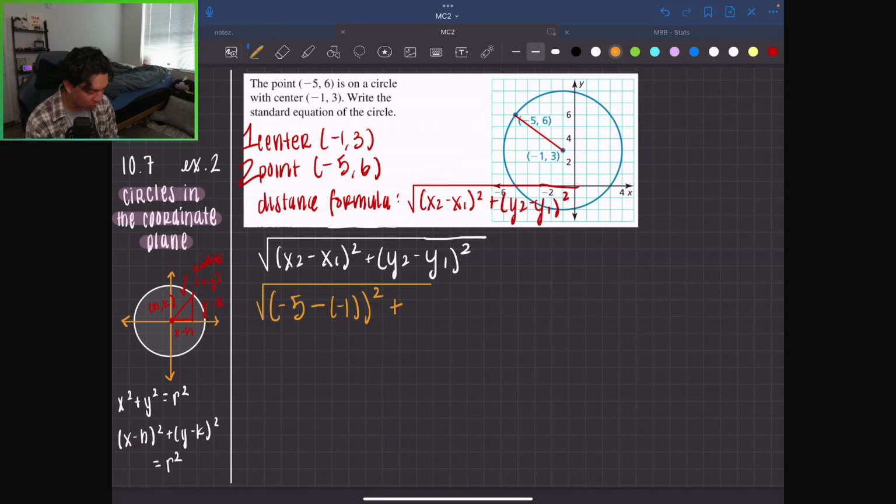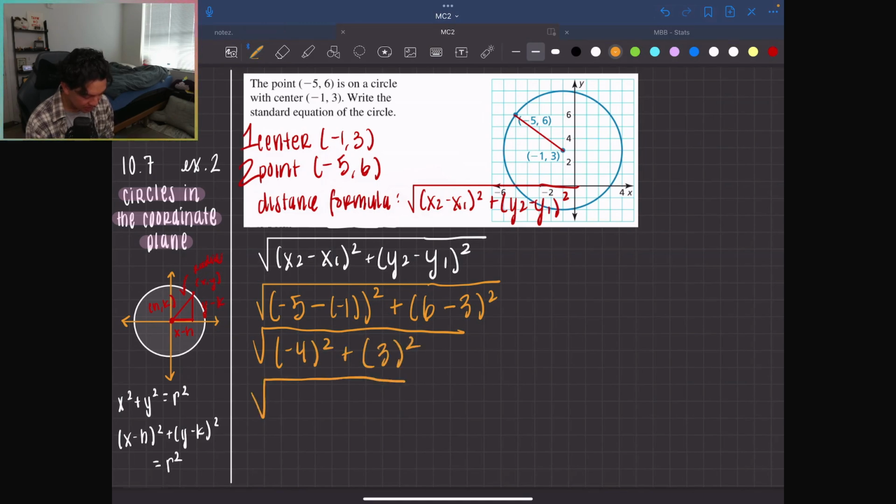Plus, we do the same thing for our y values. What is our y sub 2, our second y value? That is 6. So 6 minus our y sub 1, which is our 3, and then squared. So let's go ahead and finish this off. -5 minus a -1. So when we subtract a negative number, that's just +1. So -5 plus 1 is going to give us -4 squared. Plus 6 minus 3 is 3 squared.